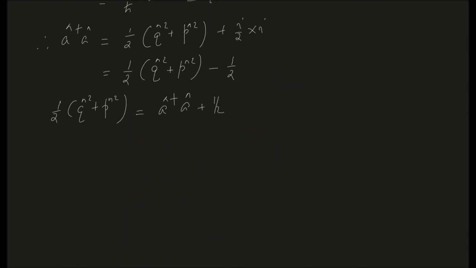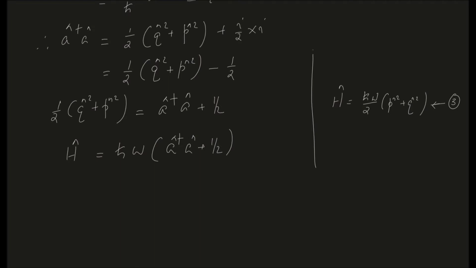So if you substitute in our equation number 3, what we get is the Hamiltonian operator is given by h cross omega into A dagger A plus half.